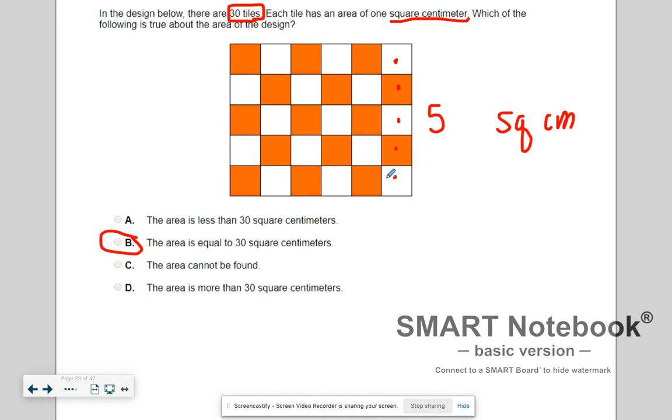Let's count the columns. 1, 2, 3, 4, 5, 6. So if I have 6 times 5, I know that is 30. So it would not be less than 30. The area can be found, and it is not more than 30, so it is B. So that's 30 square centimeters.